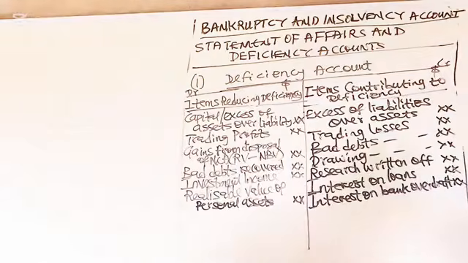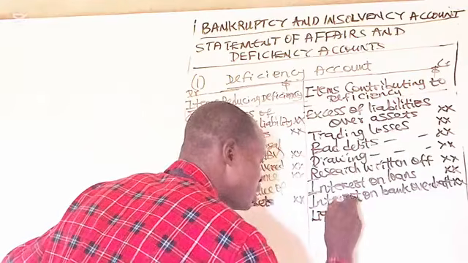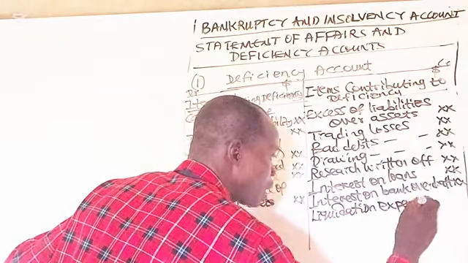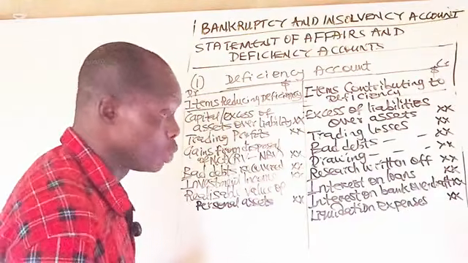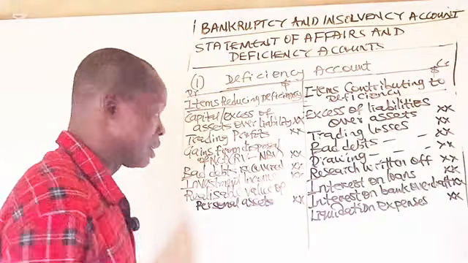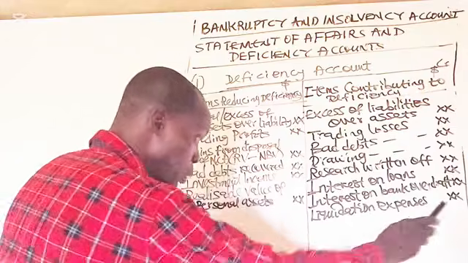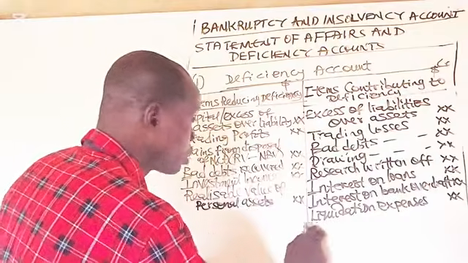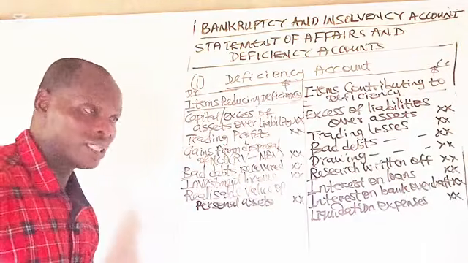Then if you have liquidation expenses or administrative expenses paid to the receiver, receiver's remuneration, administrator's remuneration, you might include them here. They will all contribute to deficiency.